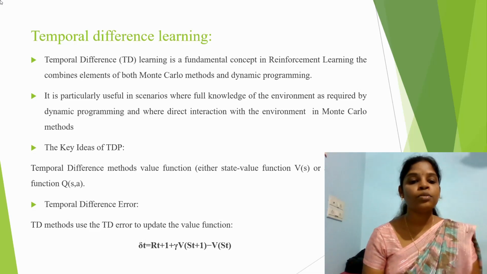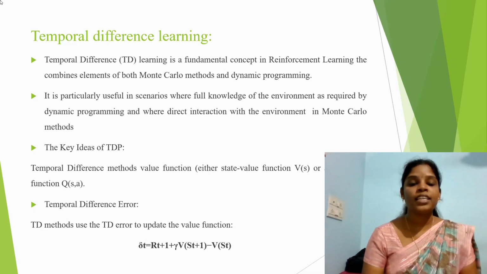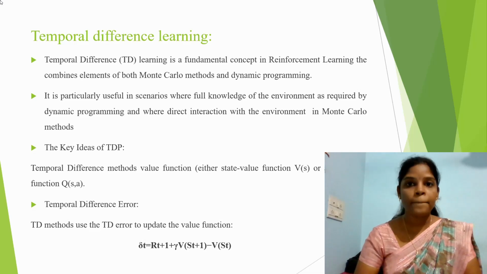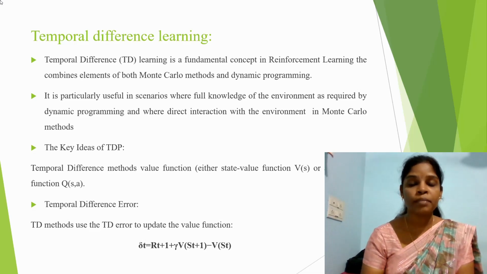TD methods use the TD error to update the value function. The value function is updated by state or by action, either the state value function or the action value function, as in Q-learning. Q-learning is written as Q(s, a), state and action.